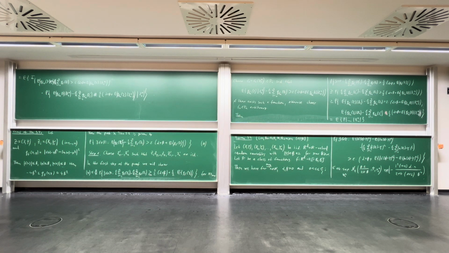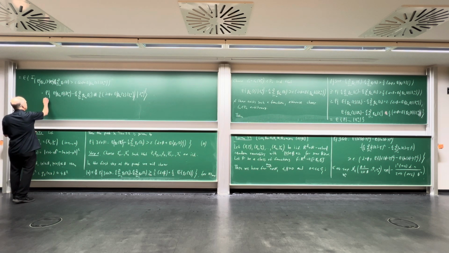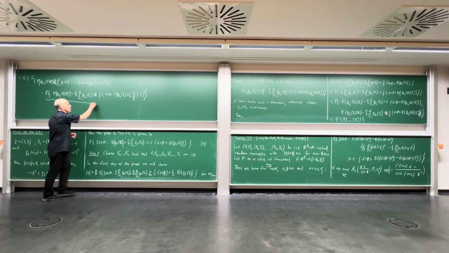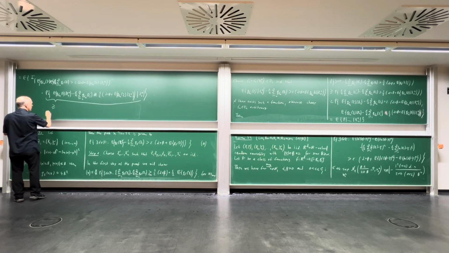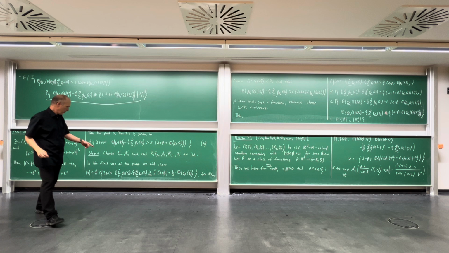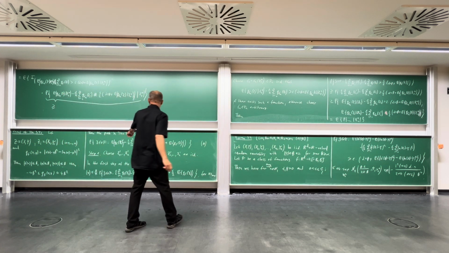And next I want to show that this conditional probability is greater equal something, and this greater equal something will be the factor which I have here.